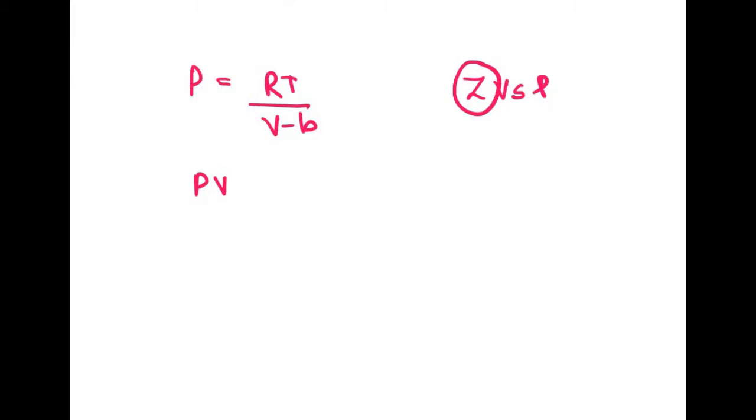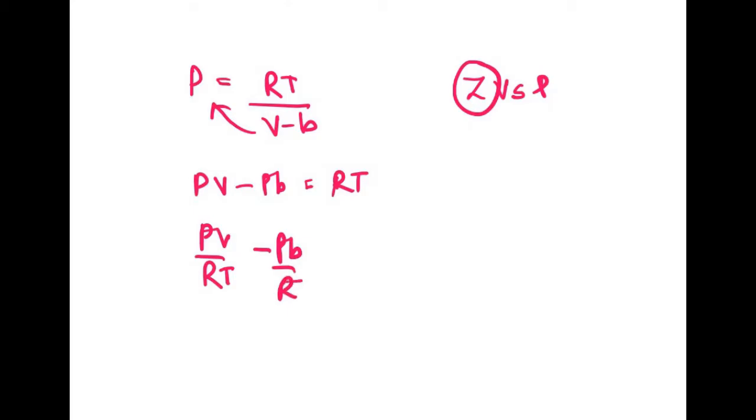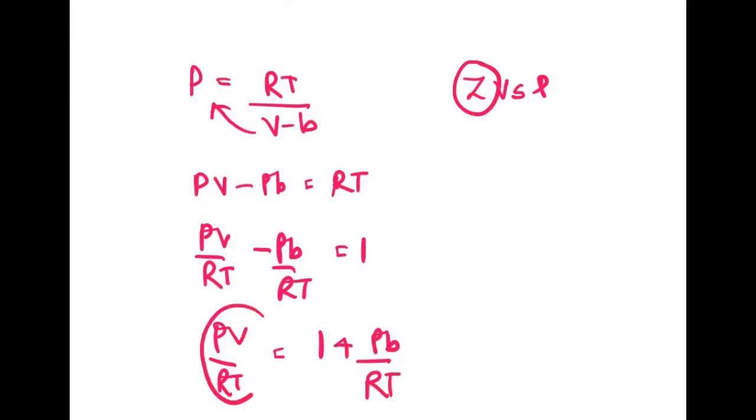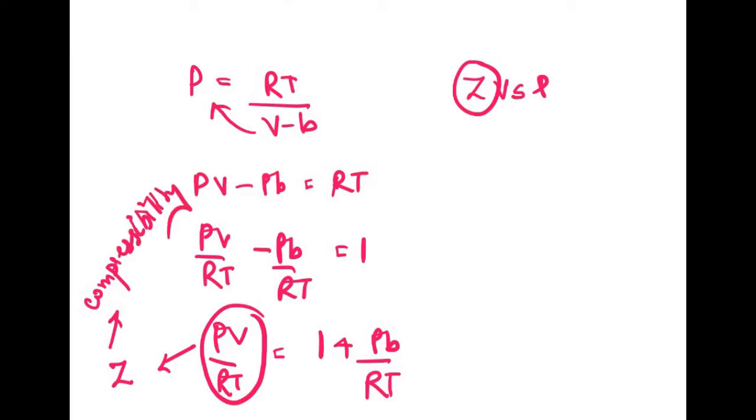Multiplying, PV minus Pb equal to RT. Dividing by RT on both sides, PV by RT minus Pb by RT equal to 1. So PV by RT equal to 1 plus Pb by RT. PV by RT is equal to Z. Z is the compressibility factor, which denotes how compressible a gas is.